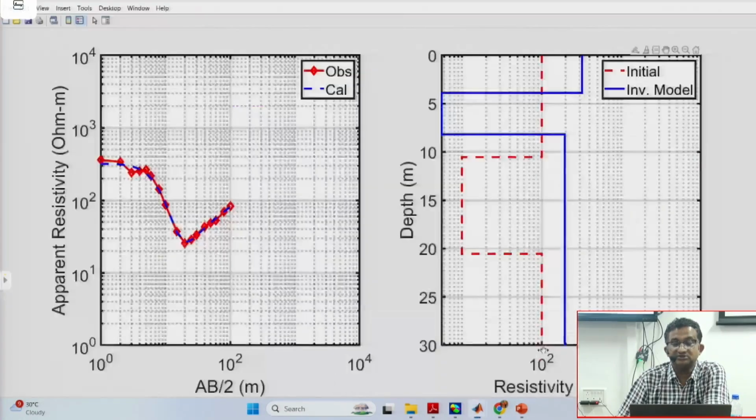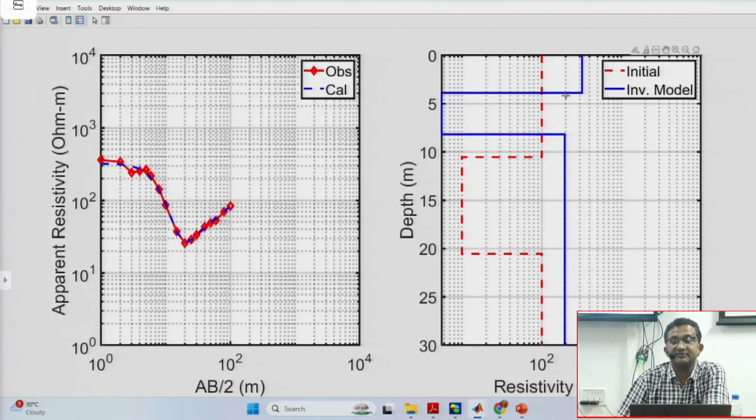Finally we get this apparent resistivity, which is your observed one, and this is the computed one through the inversion with the help of optimized rho and R. And finally we can also see that this is your initial guess and this is your optimum model parameter distribution, where the y-axis is depth and this is the sounding point.